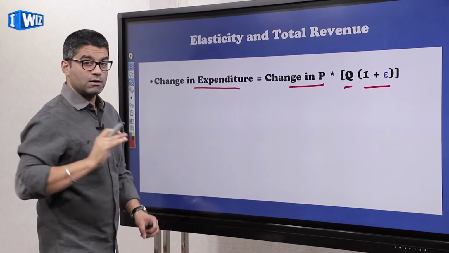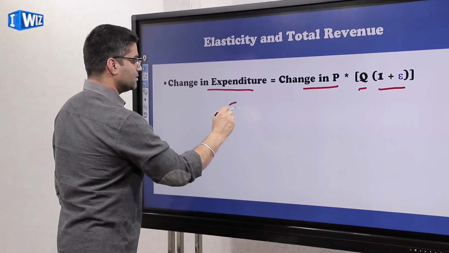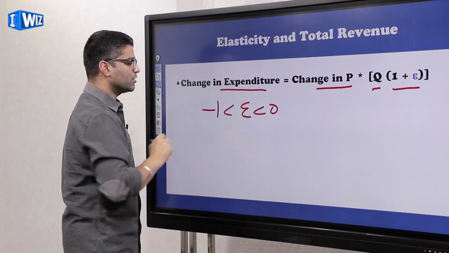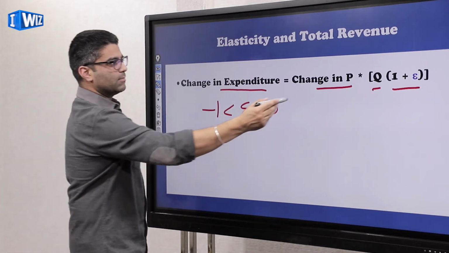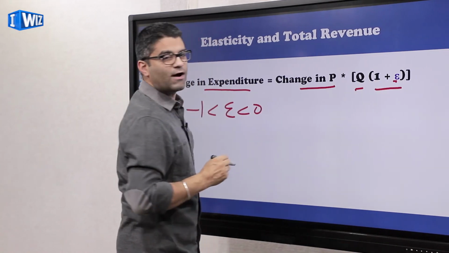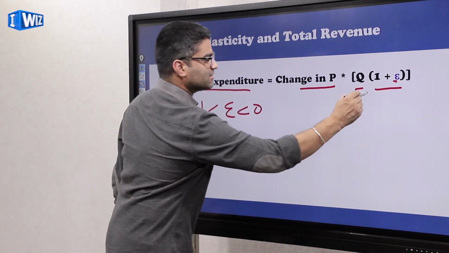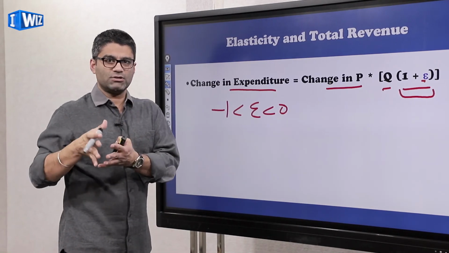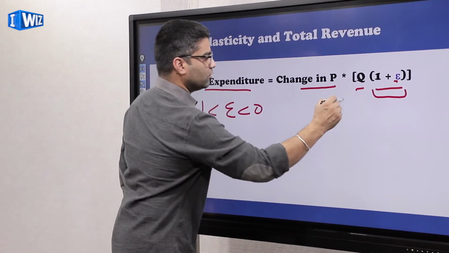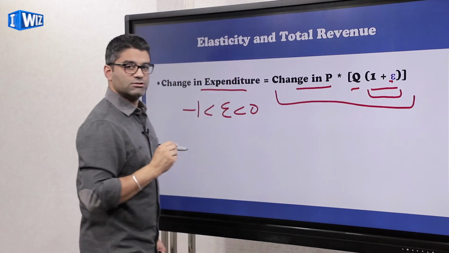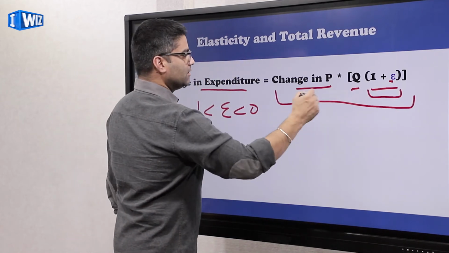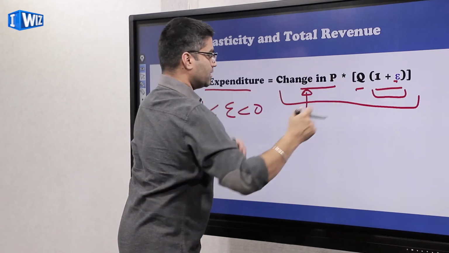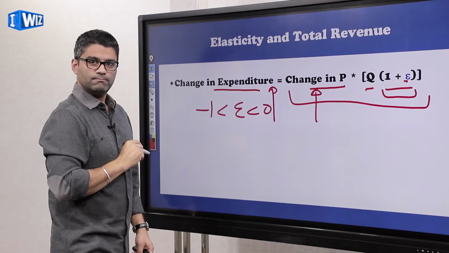So if the demand curve is inelastic, that means the elasticity is between 0 and negative 1, then this number is a fraction. It's negative 0.5 or negative 0.8, which means this number is positive. 1 plus a negative fraction is a positive number, which means this whole side is going to be positive. So an increase in price, if this whole fraction is positive, is going to increase revenue.